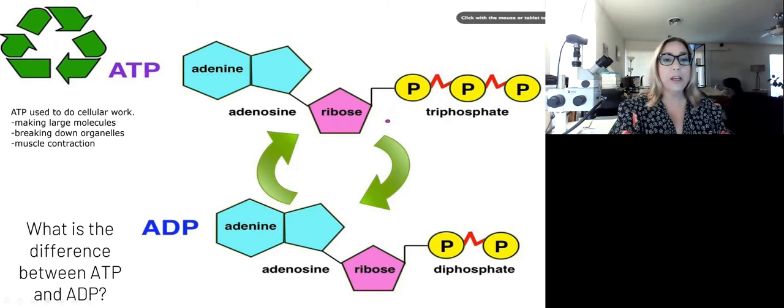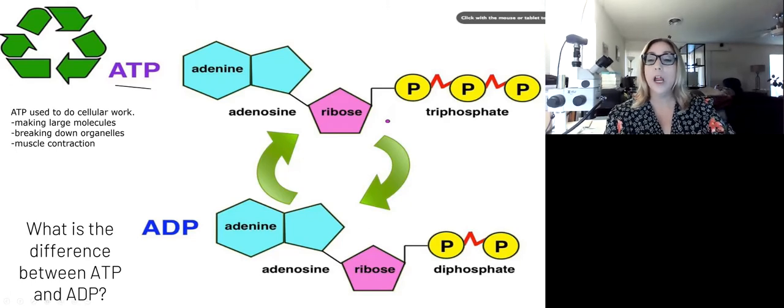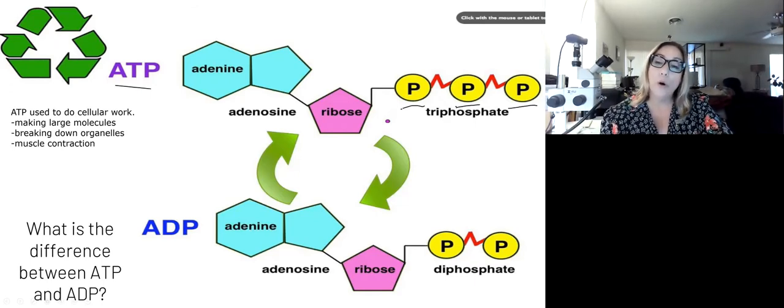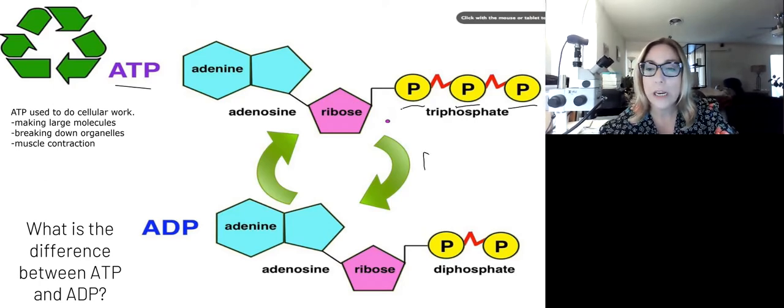So ATP, here you have 3 phosphates. Now, one of these phosphates is going to be released. Okay, so P is the symbol for phosphate. So a phosphate is released.